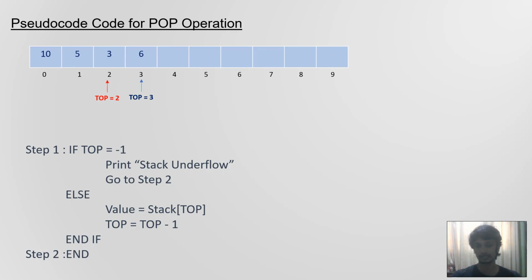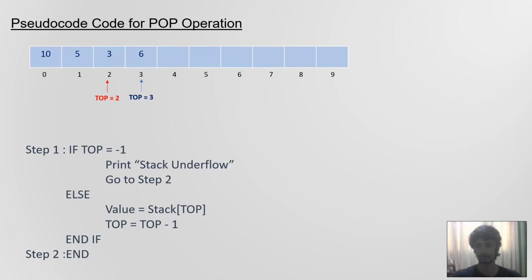In the else statement, which means if our top is not equal to -1, we can perform the deletion operation. It will first get the value from the topmost location of the stack and store it in the value variable, so that later we can simply return the value from this function.